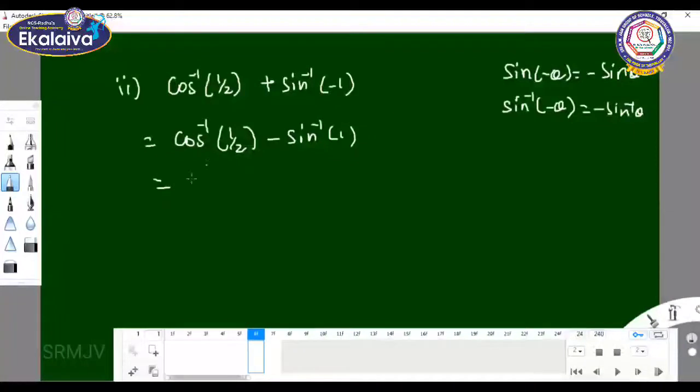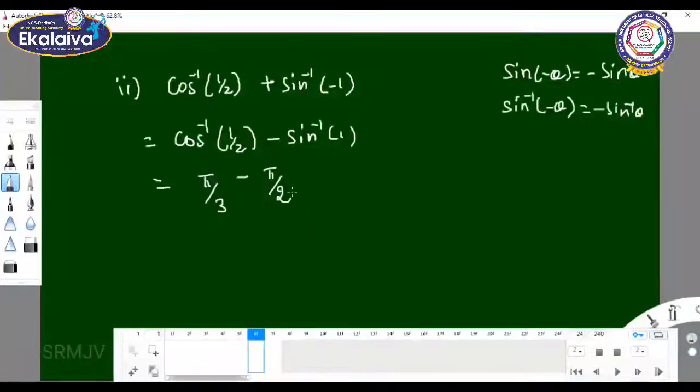Cos inverse of 1 by 2 we have already seen is pi by 3, minus sine inverse of 1, which is pi by 2, since sine 90 degree equals 1 and cos 60 degree equals 1 by 2.